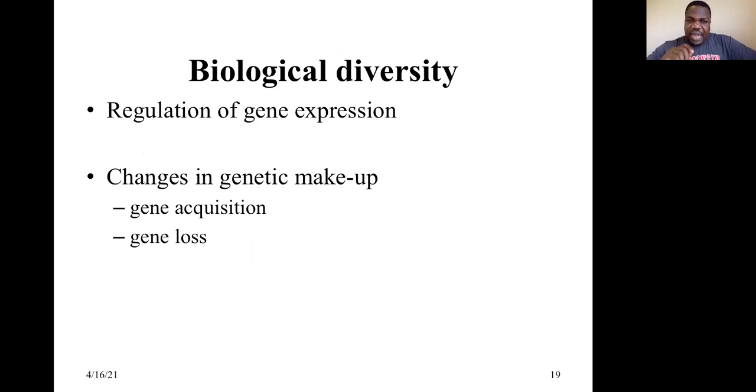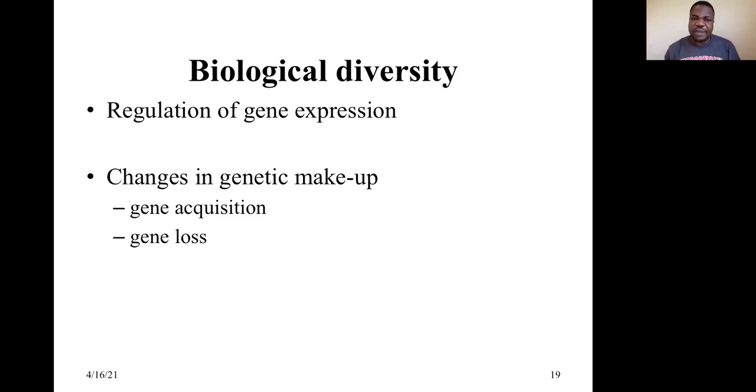But then, how do we end up with biological diversity? Because most of the problems that we have, the infection, resistance to antibiotics, challenges that human hosts face, are because of the bacterial diversity. So bacterial diversity happens in two broader ways.